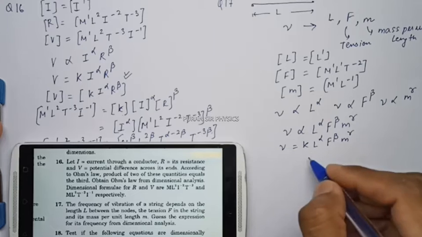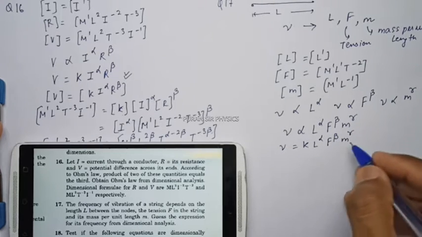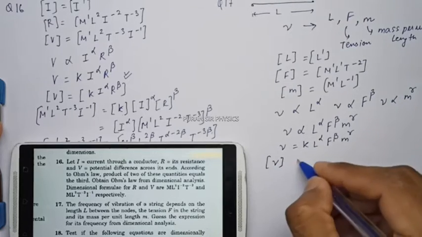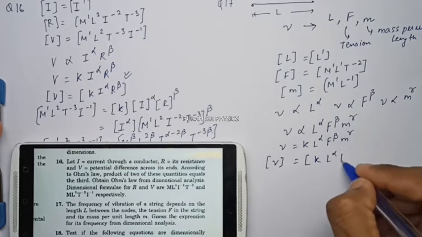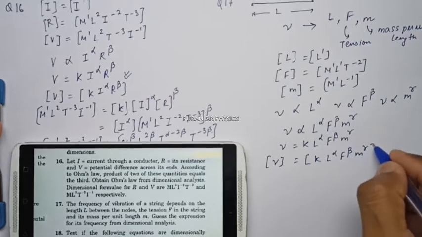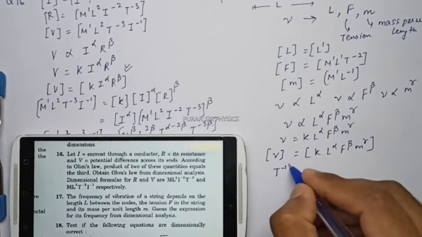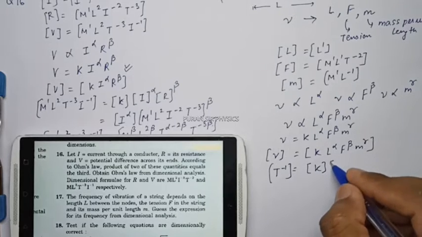Now this equation is correct. If this equation is correct, it must be dimensionally correct. So the dimension of left hand side should be equal to the dimension of right hand side. Frequency has a dimension of T raised to power minus 1, and then we can separate this out.